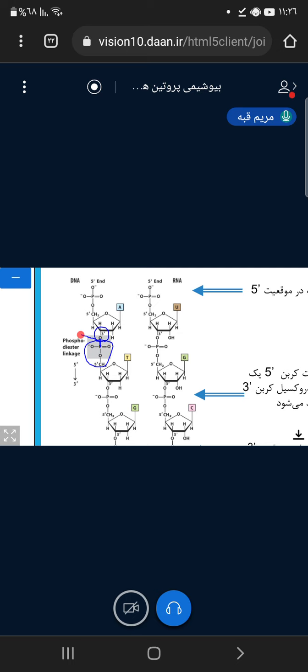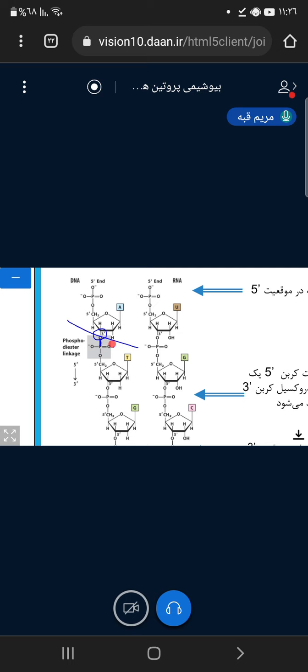برای تشکیل این باند یک مولکول آب از دست میره. پیوند بین گروه فسفات کربن 5 پرایم از یک نوکلئوتید و گروه هیدروکسیل کربن 3 پرایم نوکلئوتید بعدی ایجاد میشه.